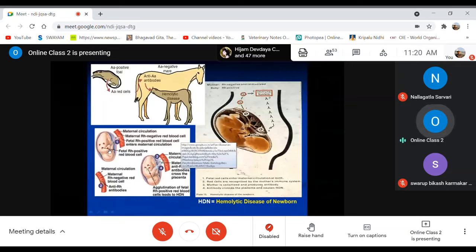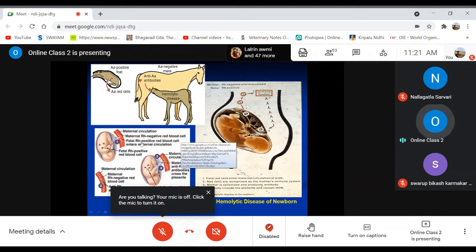During the placental blood exchange between the mother's circulation and the fetus, the Rh positive carried by the fetus will go into the circulation of the mother, who is Rh negative.